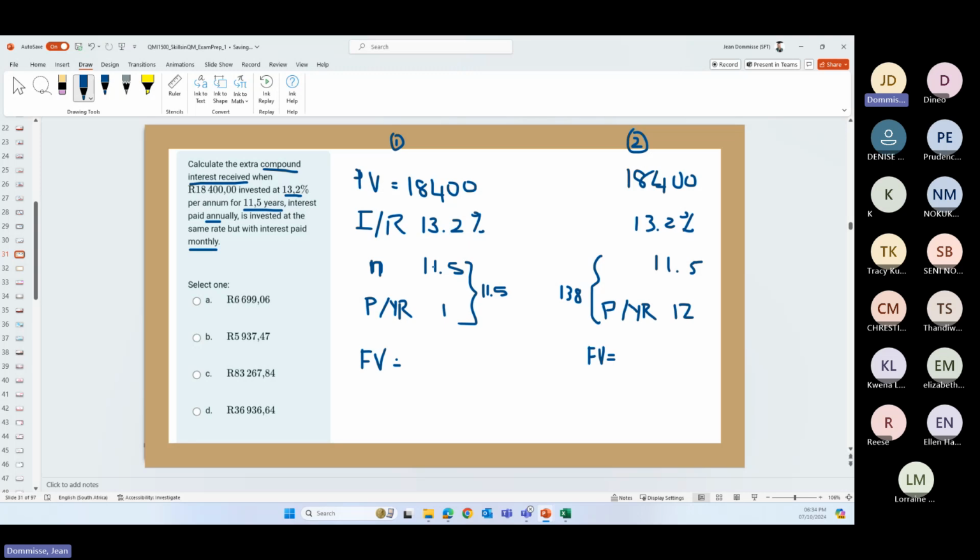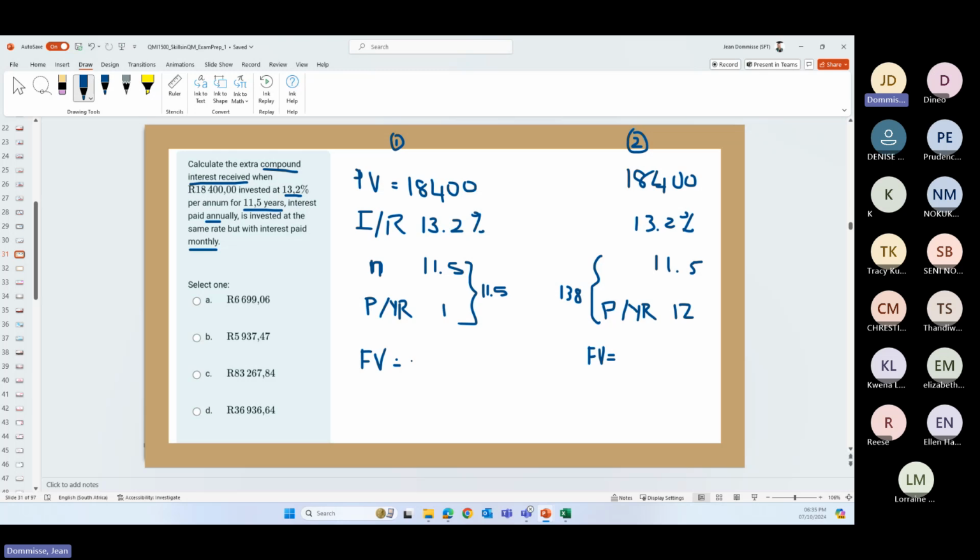So let's do the first one, 18,400. So I'm going to first put it into my financial calculator. So 18,400 present value, interest rate of 13.2%, one time per year for 11.5 years. So it is 11.5 periods.